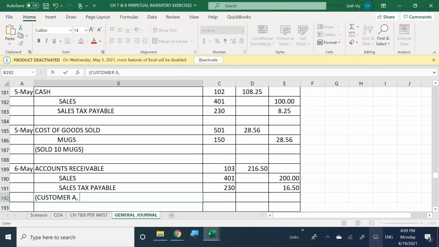In this case, you need to make sure that you write customer A, right? They owe you, right? They purchased what? 20 mugs. Okay? And we gave them terms, right? They can receive a 10% discount if they pay within 10 days. If not, they pay the whole thing in 30. Now let me double check that.